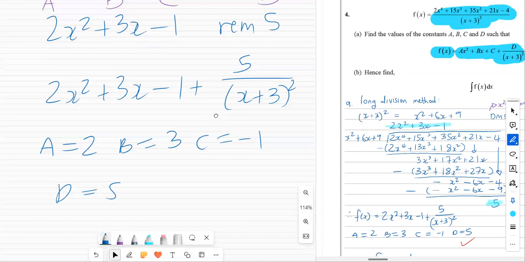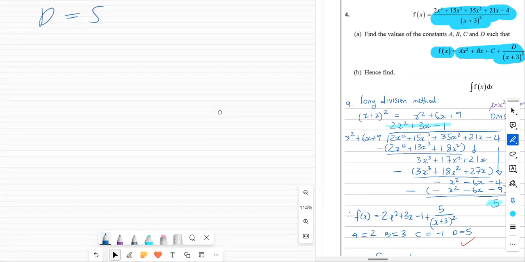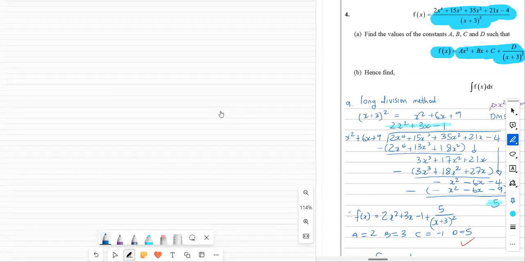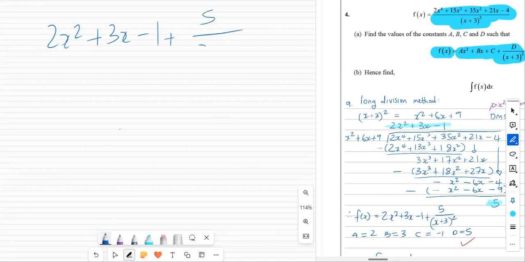Part B asks, hence find the integral of the function. So we have to integrate f of x. Oopsie. So obviously our f of x was 2x squared plus 3x minus 1 plus 5 over x plus 3 squared. So we just have to integrate this.